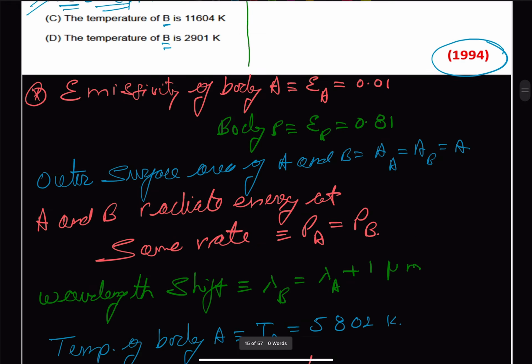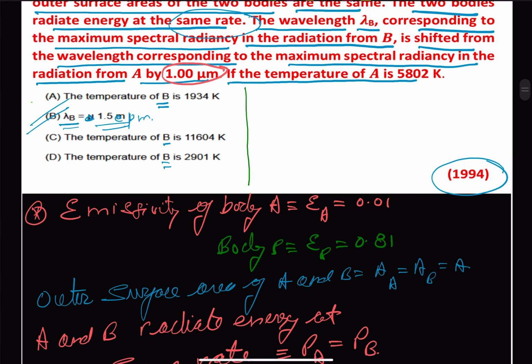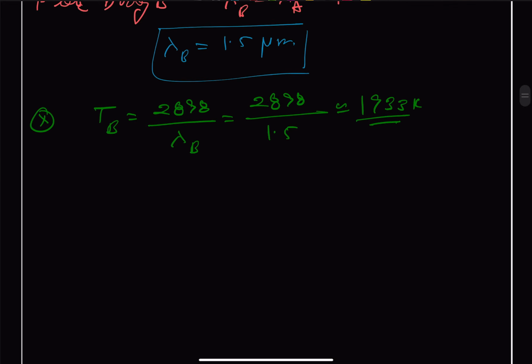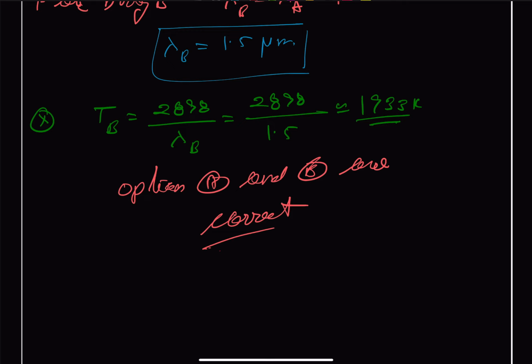So option A is correct because it is the closest one, so options A and B are correct.